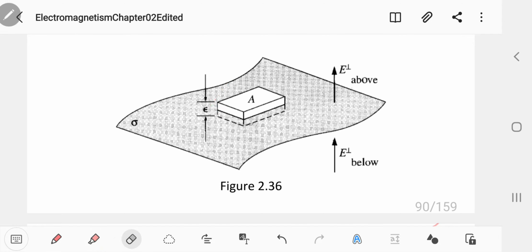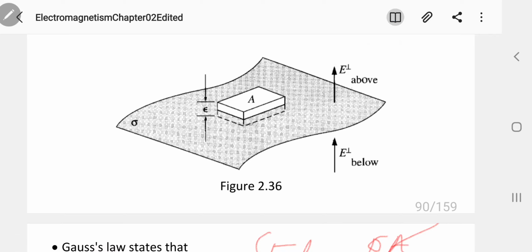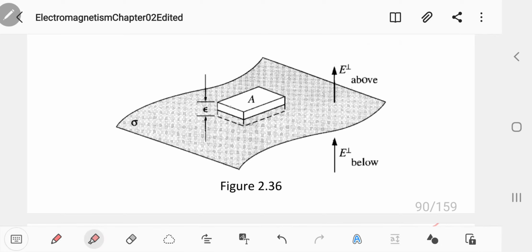So here, let's draw an electric field somewhere in the pillbox. It has an E perpendicular, this is the electric field, and a tangential electric field.